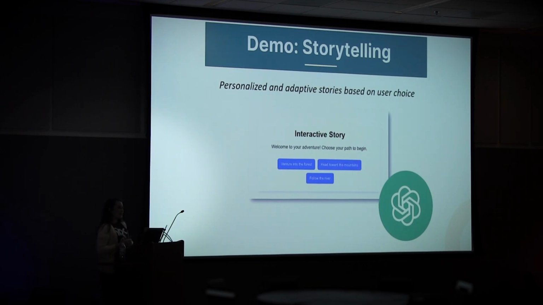I've done it with maps too, and I'll show you a little bit of that because I work for a mapping company. But for this specific scenario, I'm using it to create an interactive storytelling experience that adapts to user choices, so it makes the story feel more personal for the user.